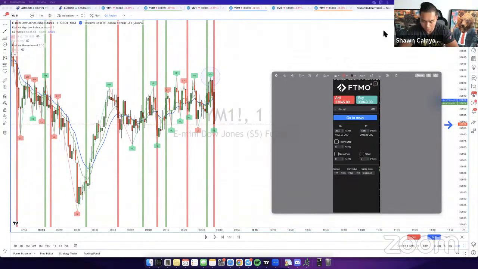I don't know if you follow me on social media because I always post my stuff there. Let me see if I can just copy this real quick. All right, I'm gonna post it in the chat group over here, and then you can see what my setup looks like.